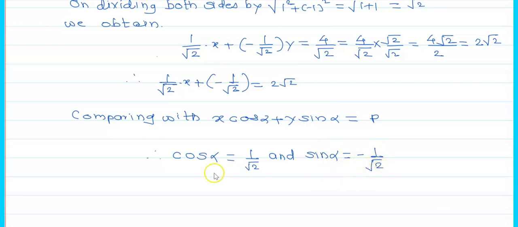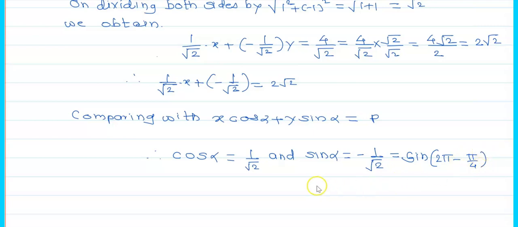That is, cos is positive in fourth quadrant and sin is negative in fourth quadrant. Therefore, this can be written as sin of 2 pi minus pi by 4.